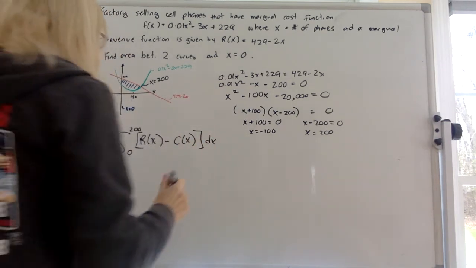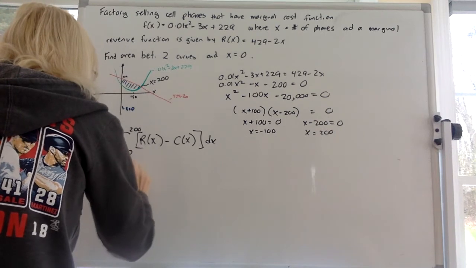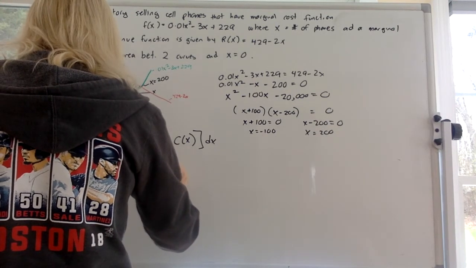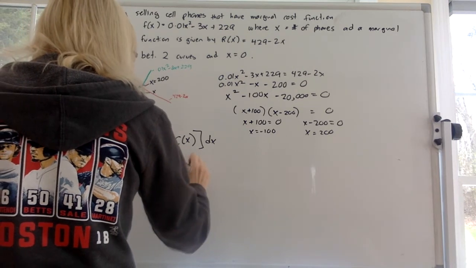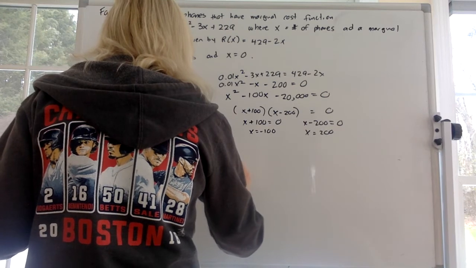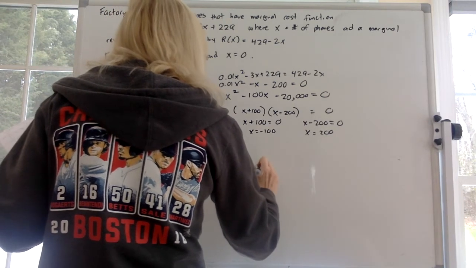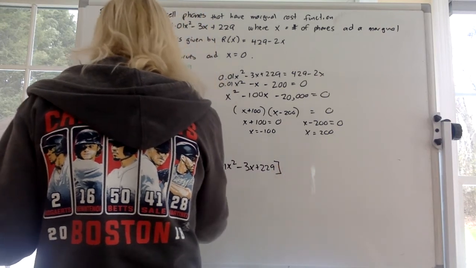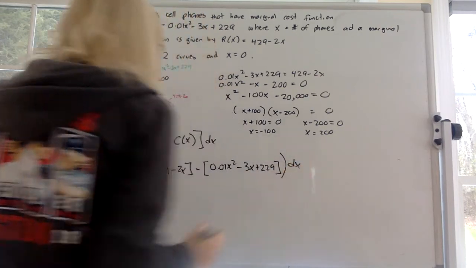So what is the line? It's 429 minus 2x minus the whole cost function, and that's all dx, right?